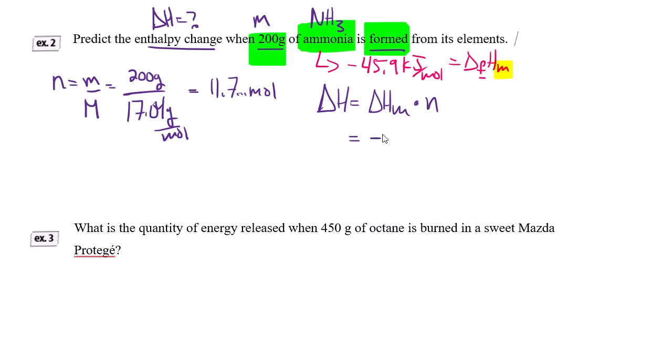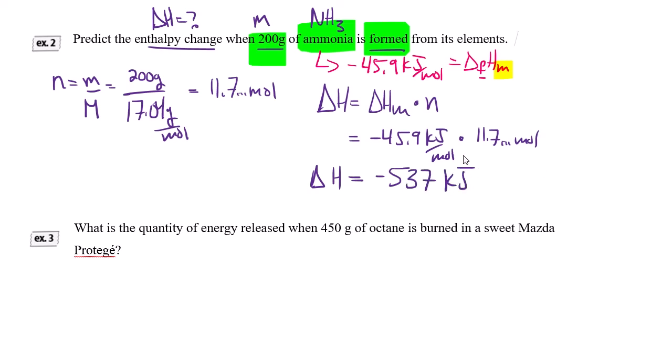The molar enthalpy was negative 45.9 kilojoules per mole. And my number of moles we just calculated, 11.7, with all that change that's in my calculator. So the enthalpy change then is negative 537 kilojoules. So this is another exothermic reaction, which I can tell because it's got a negative enthalpy.